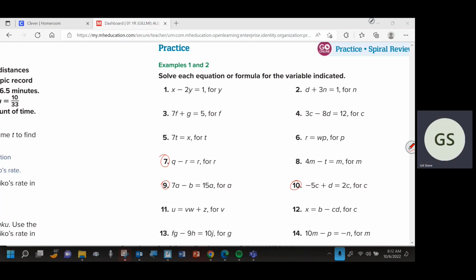Don't start with those parts. You need to be practicing 1 through 6, and then, actually 8 is coming, so 1 through 6, and then 11 through. Solve y. Good.